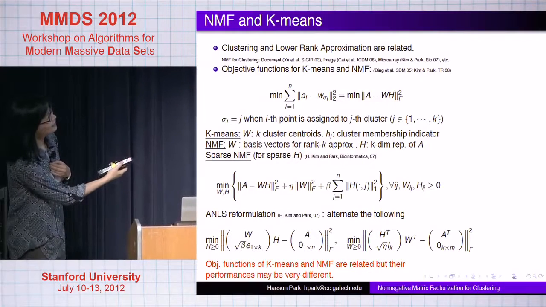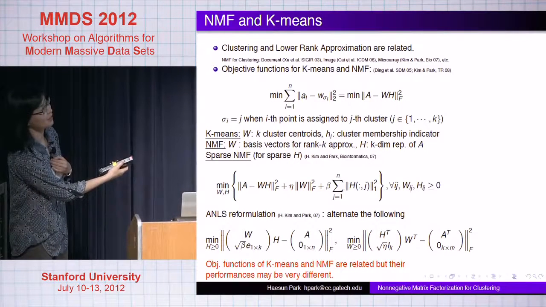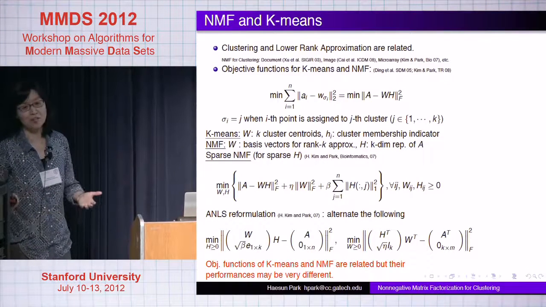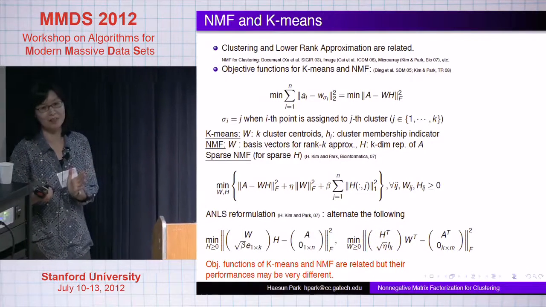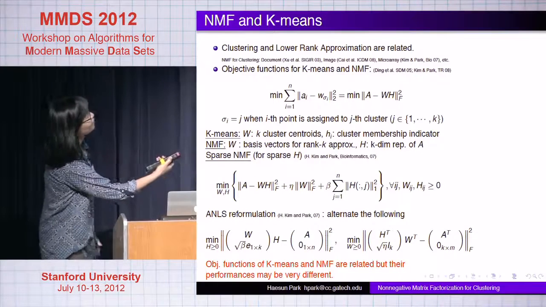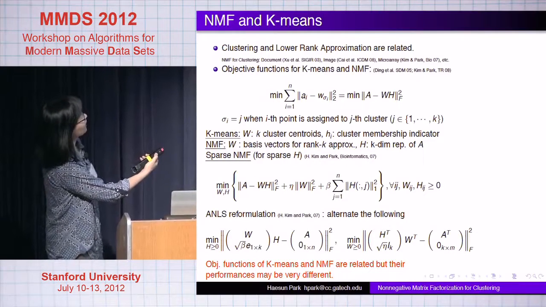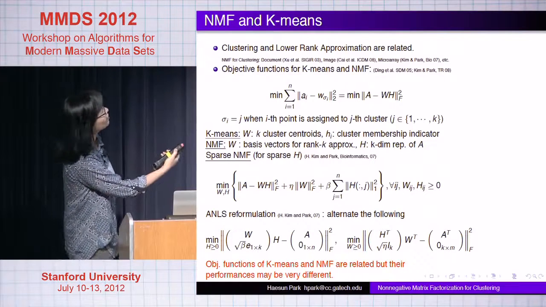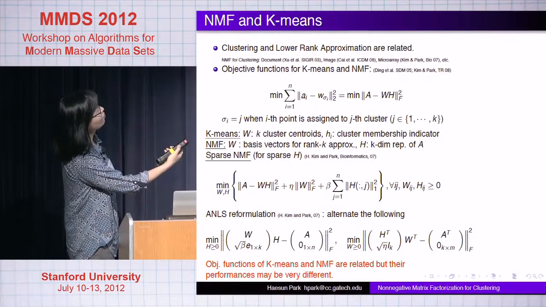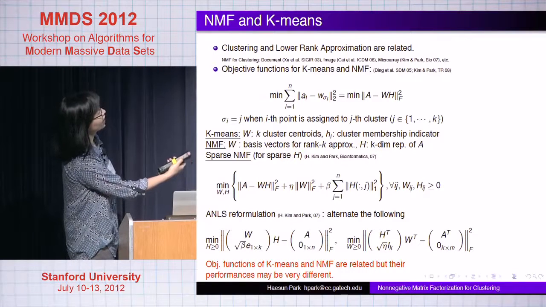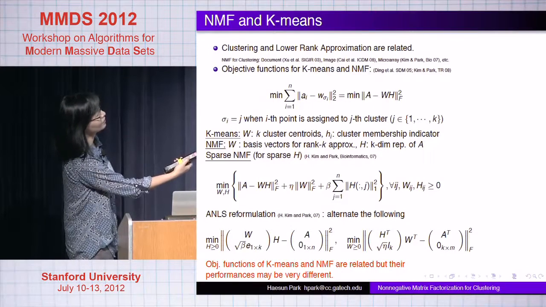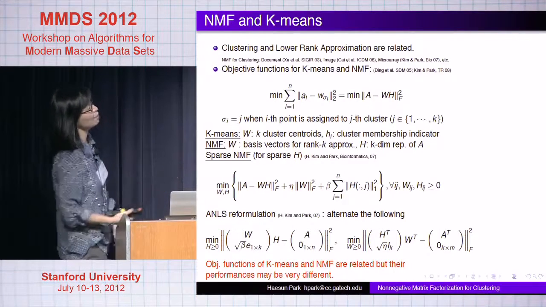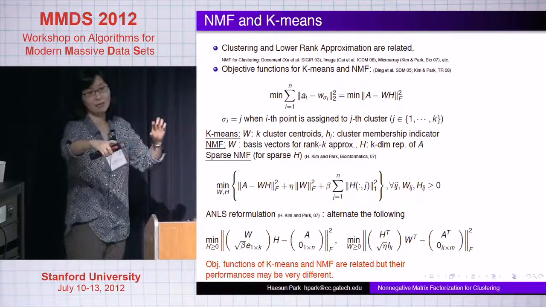But because of non-negativity, the one norm does not make the algorithm more difficult. It's still differentiable because we are only dealing with the positive orthant. And not only that, if you use the alternating non-negativity constrained least squares framework, suppose W is fixed, then it's WH minus A, and the W-only term disappears, and then there's H, and that H can be taken care of like this. This e_{1k} is a vector with all ones.